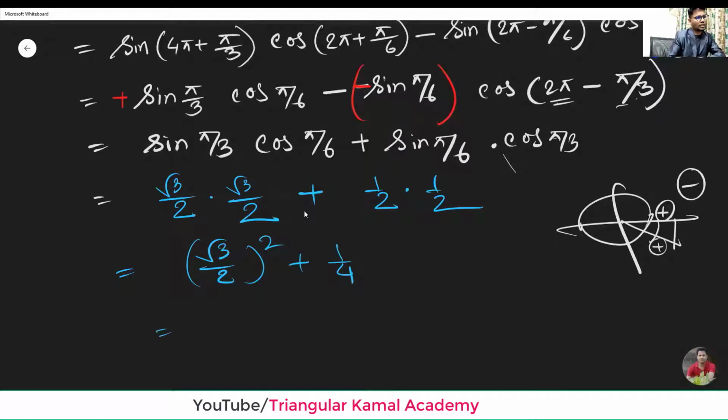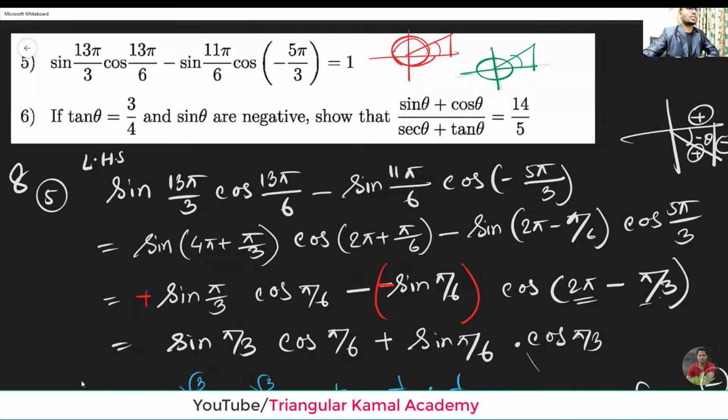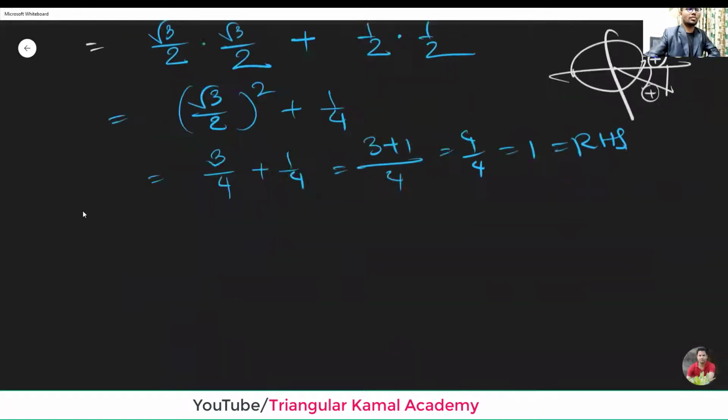This is 3 divided by 4 plus 1 by 4, which is 4 by 4, equal to 1, the right hand side. So the left hand side equals the right hand side.